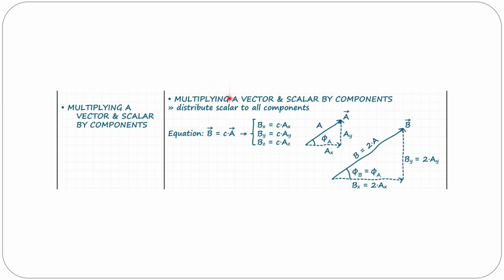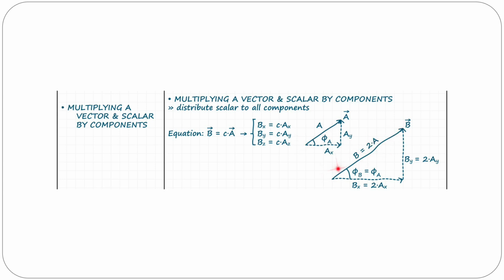Furthermore, if we want to multiply a vector and a scalar by components, if we multiply a vector times a scalar, we're going to simply multiply each component by that same scalar. So we talked before about how if I take vector A and I multiply it by 2, I have two vectors that point along parallel lines, where this vector should be twice as long as that one. So here we've multiplied the magnitude by 2.